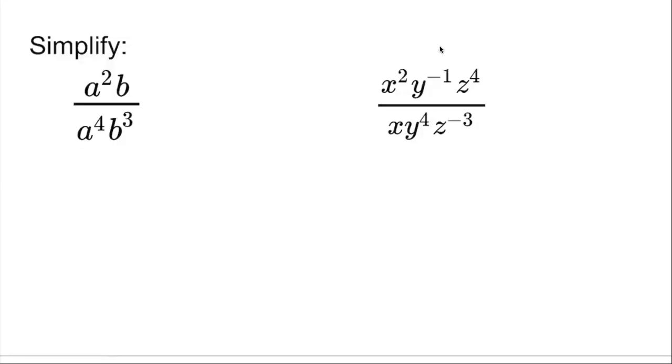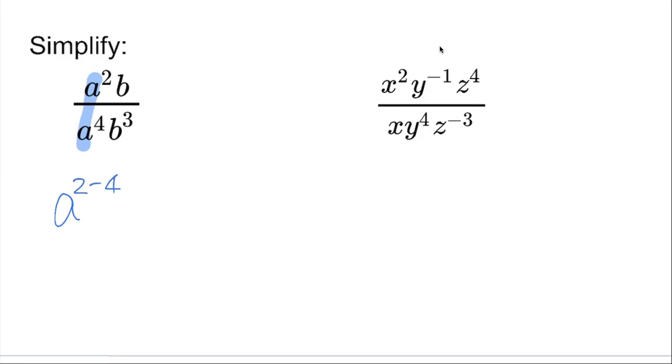Okay, so another practice here. A to the 2nd b over a to the 4th, b to the 3rd. Again, I'm going to start with the a. When I work on the a, I'm going to subtract. So the a exponent is 2 minus 4.